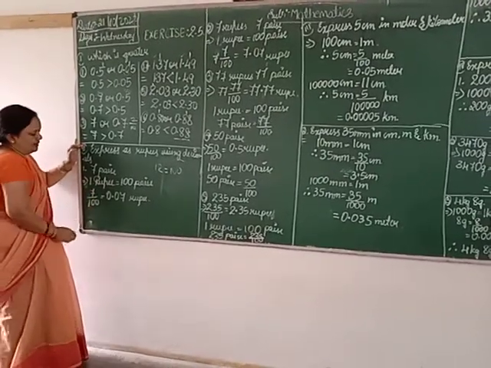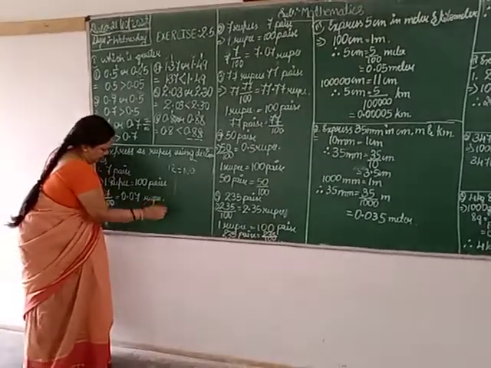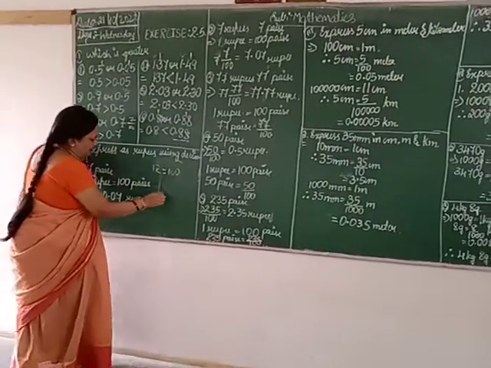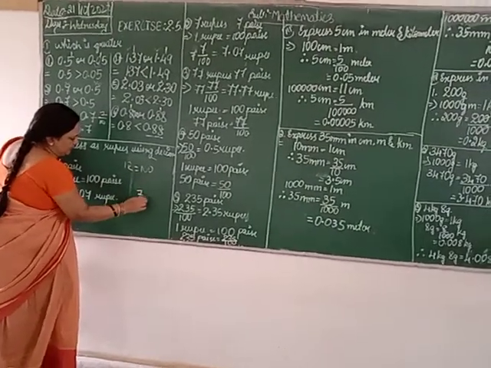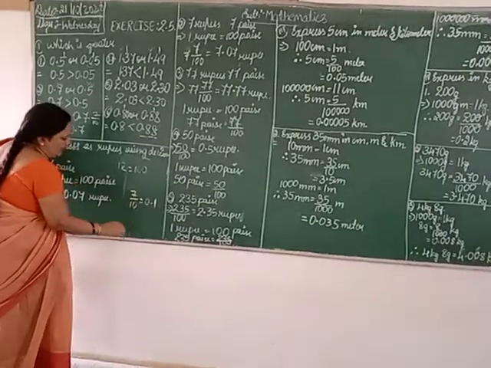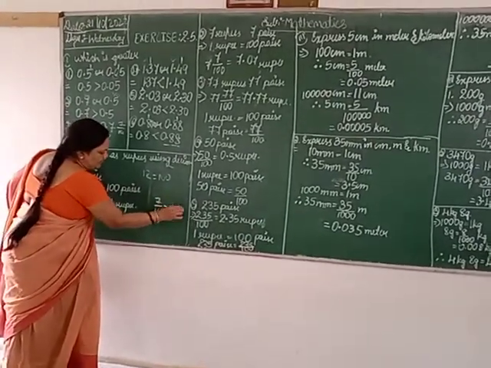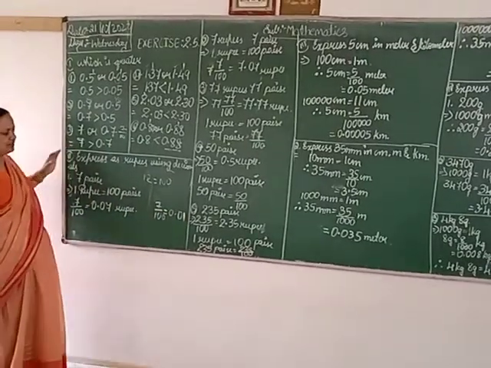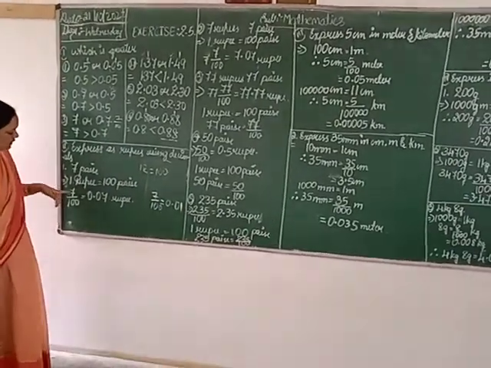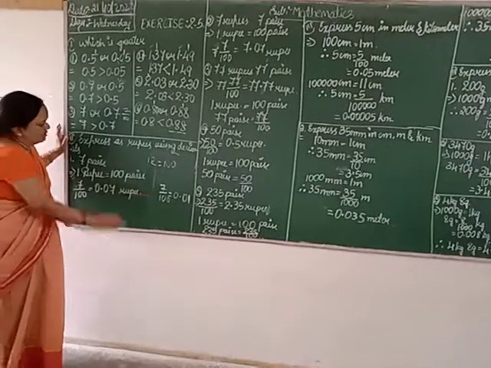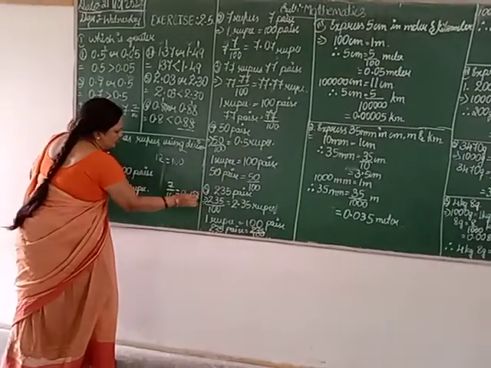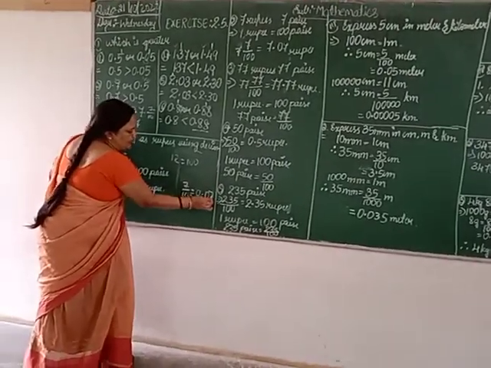What is 7 by 100? I have told you, and even in last year's class you have come to know, 7 by 10 is always 0.7, and 7 by 100 means 0.07. Understood? Because whatever is there in the numerator, you have to write here.